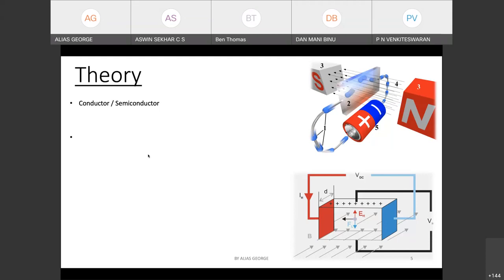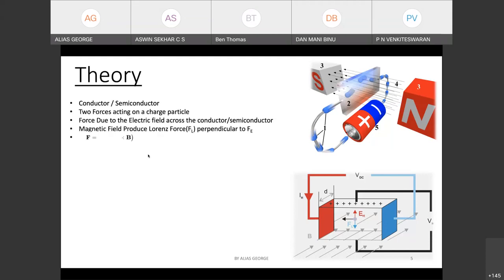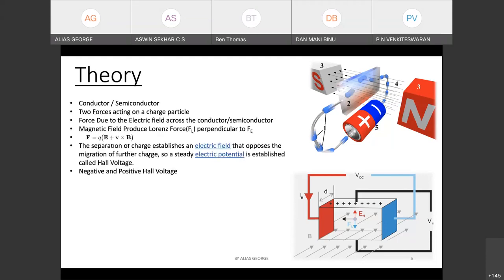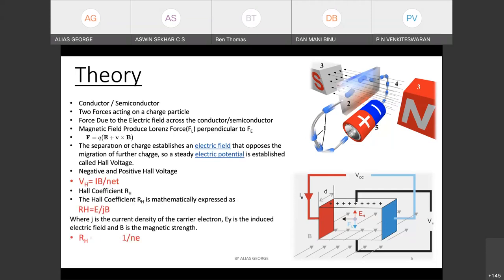Both are charged particles, so there is no difference, and we can apply this Hall effect. All these equations I derived; please go through this. I will share the slide. And one more thing, RH is equal to 1 by NE.